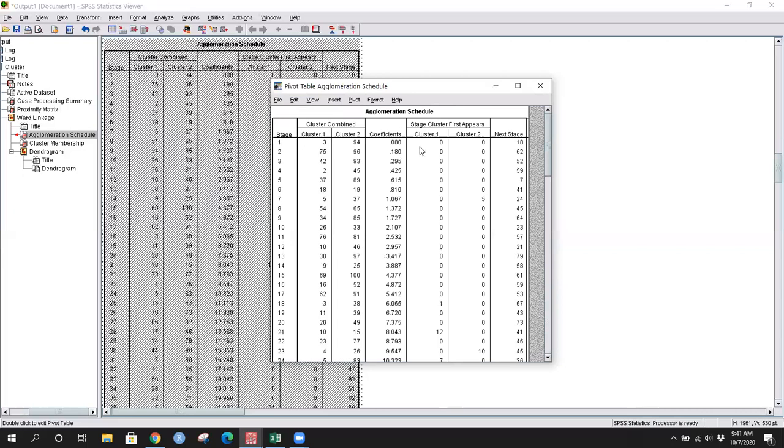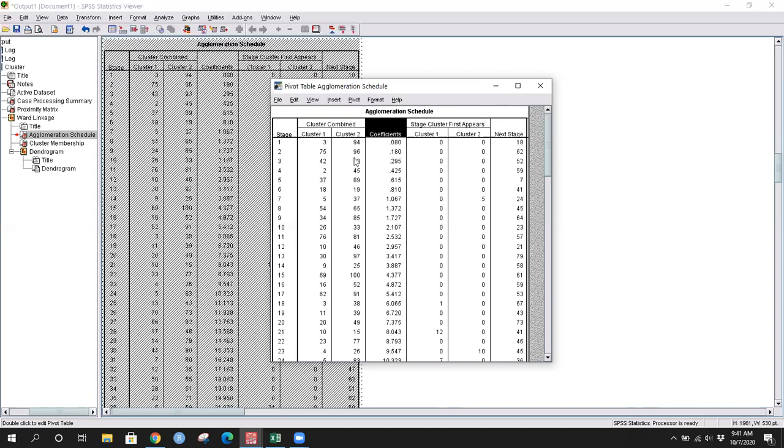Now just understand it in this fashion. This is the stage. Don't confuse yourself with cluster 1 and cluster 2 written here. These are nothing but cases. So this is your case 1 and this is your case 2. Basically, those two cases will get combined at a particular stage in a cluster, as simple as that. Then coefficient here means the distance of these two people.